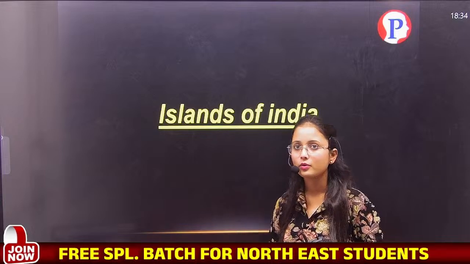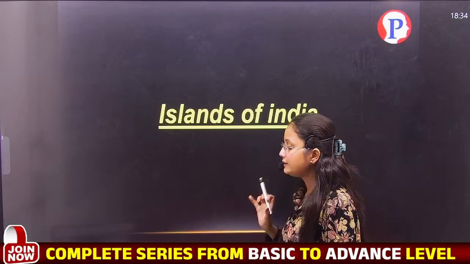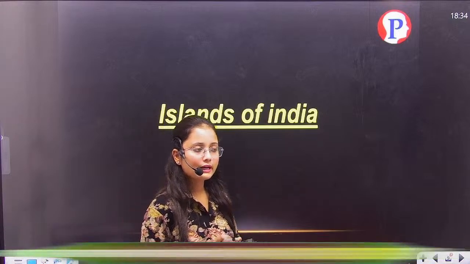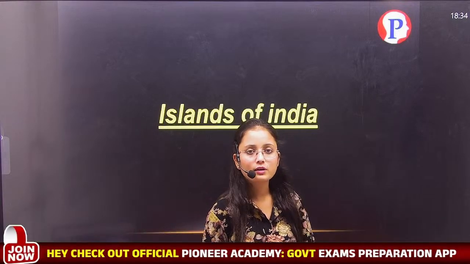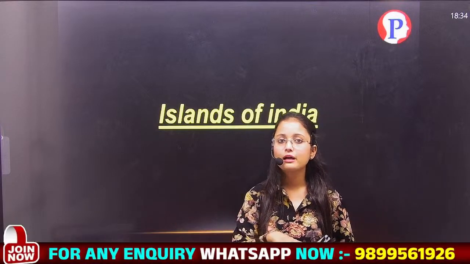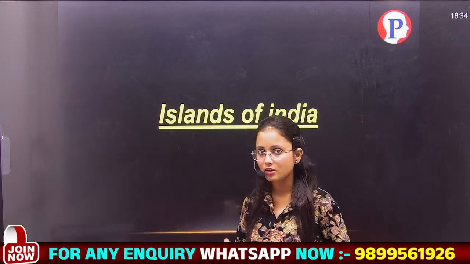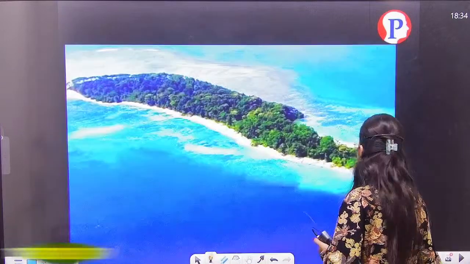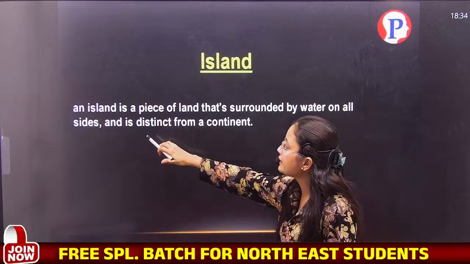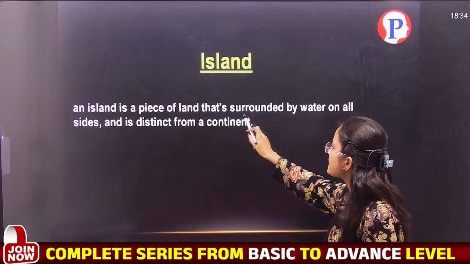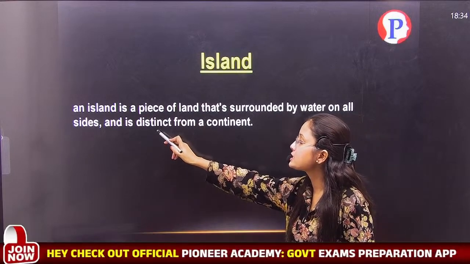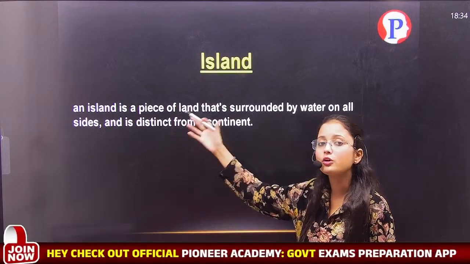The island definition is the land area which is distinct from the continent and surrounded by water from all the sides. An island is a piece of land that is surrounded by water on all sides, and it is distinct, or you can say separate, from the continent.